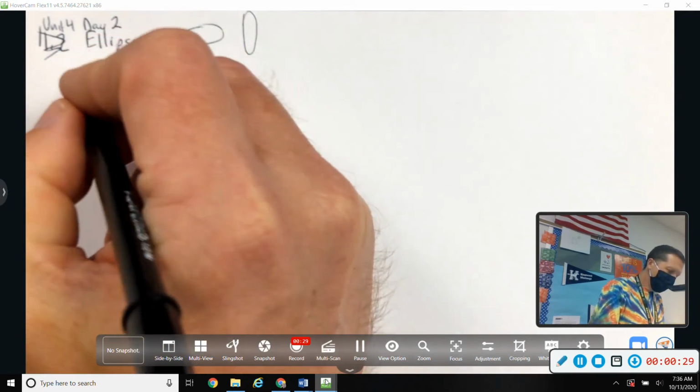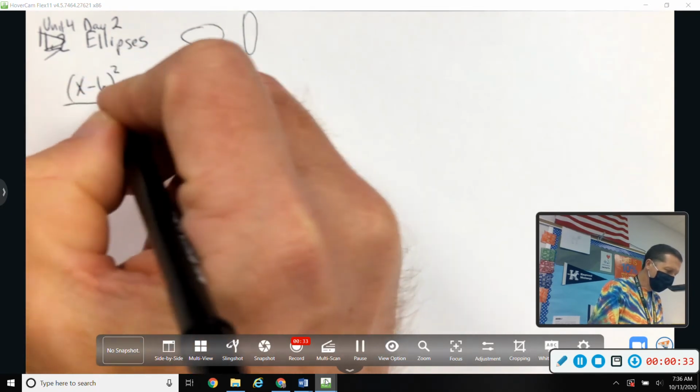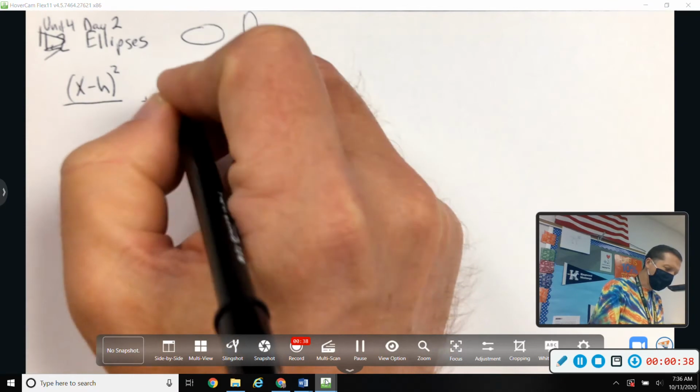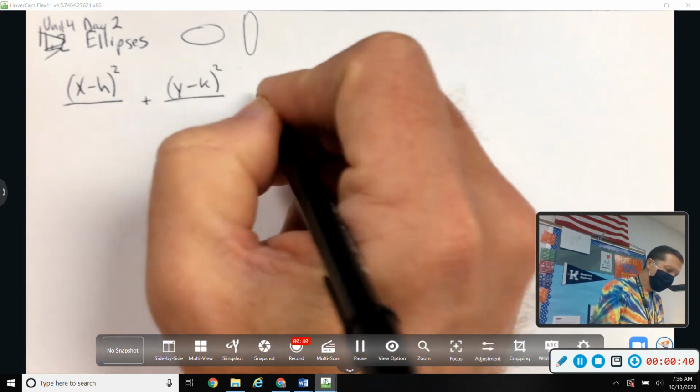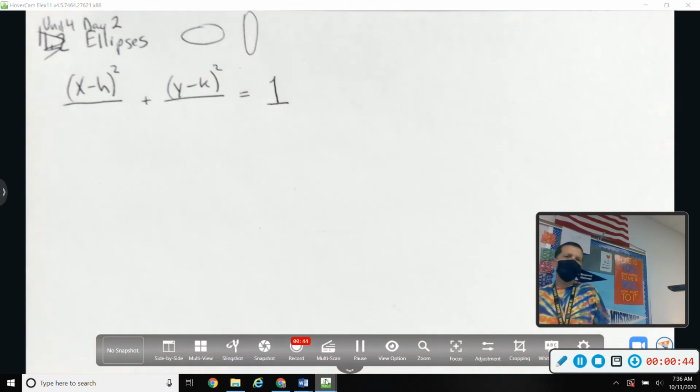Standard form looks a little bit like a circle. It's got a fraction involved in it, though. So let's pause there for a minute. x minus h squared over something plus y minus k squared over something equals 1.